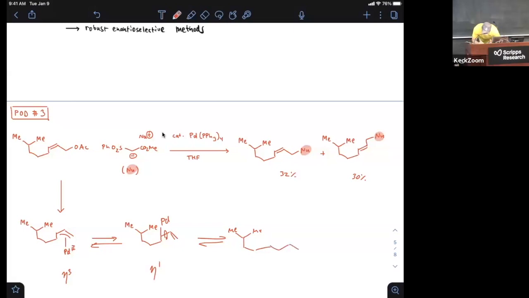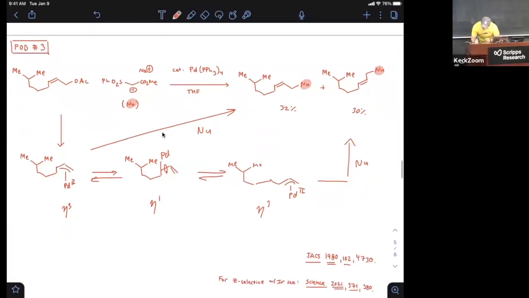And now you have two pathways that can get you to the two corresponding products.